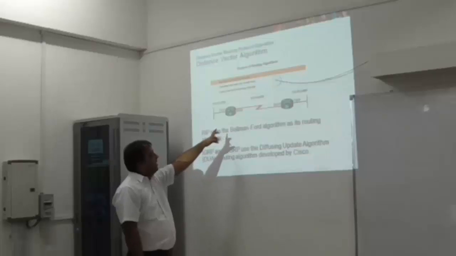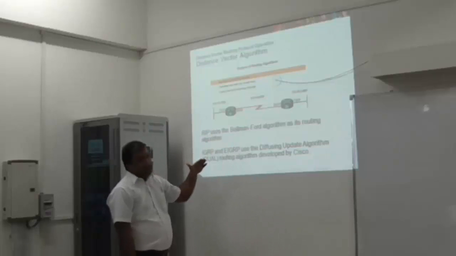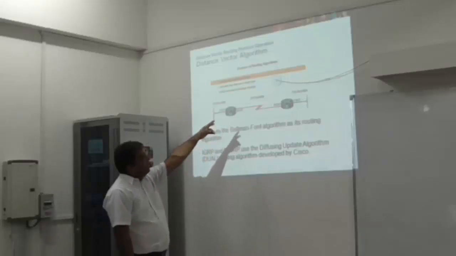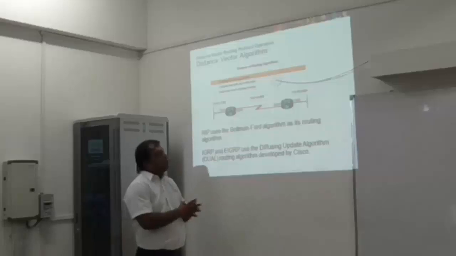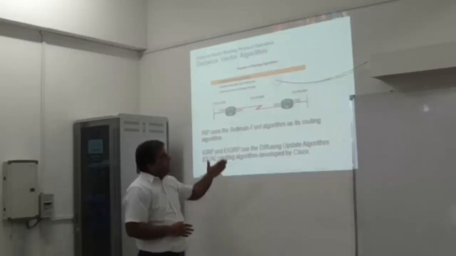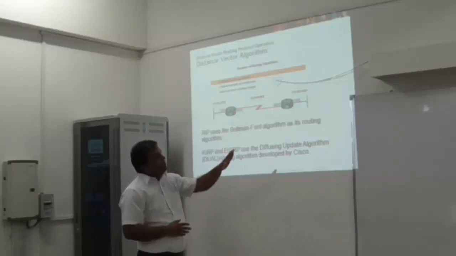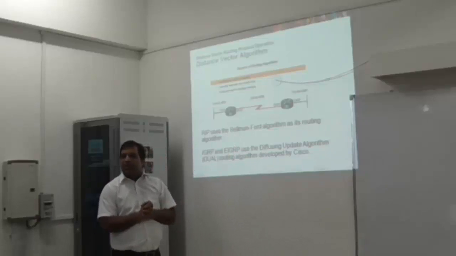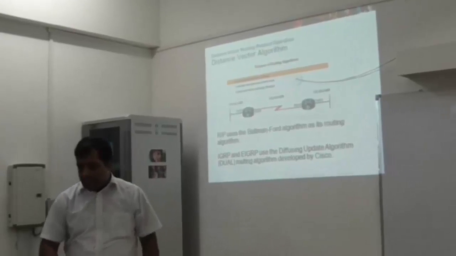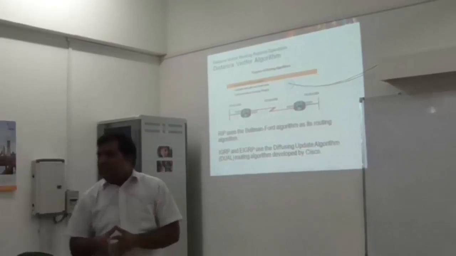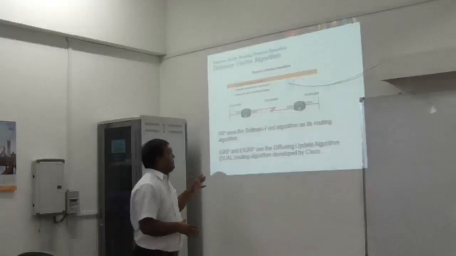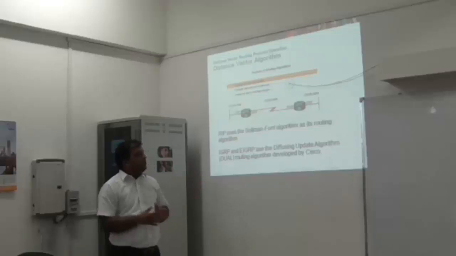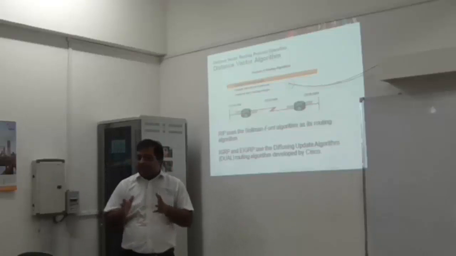It is updating, and router 1 to router 2 are connected by a serial interface, and the network IP is 172.16.2.0/24, and router 2 is again connected to Fast Ethernet with the network 172.16.3.0/24. So RIP basically uses the Bellman-Ford algorithm as its routing algorithm, and IGRP and EIGRP use the diffusion update algorithm, which was developed by Cisco.